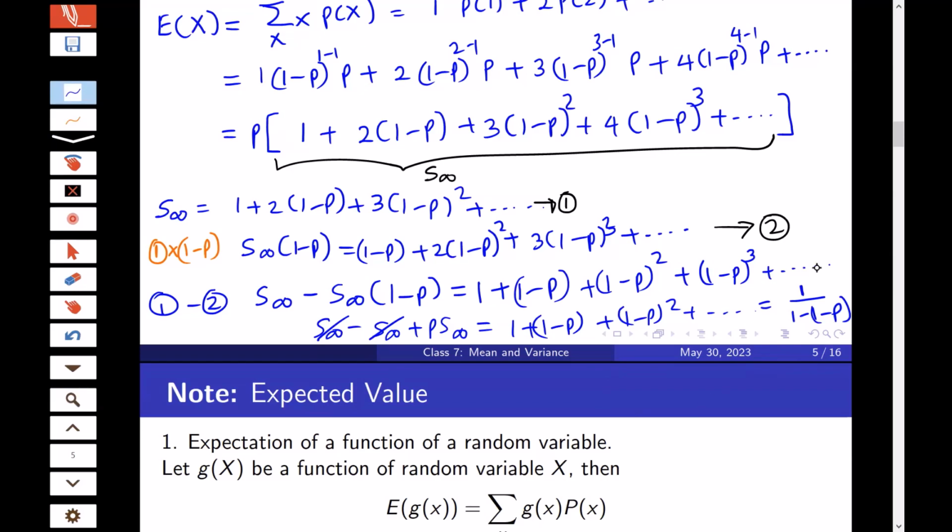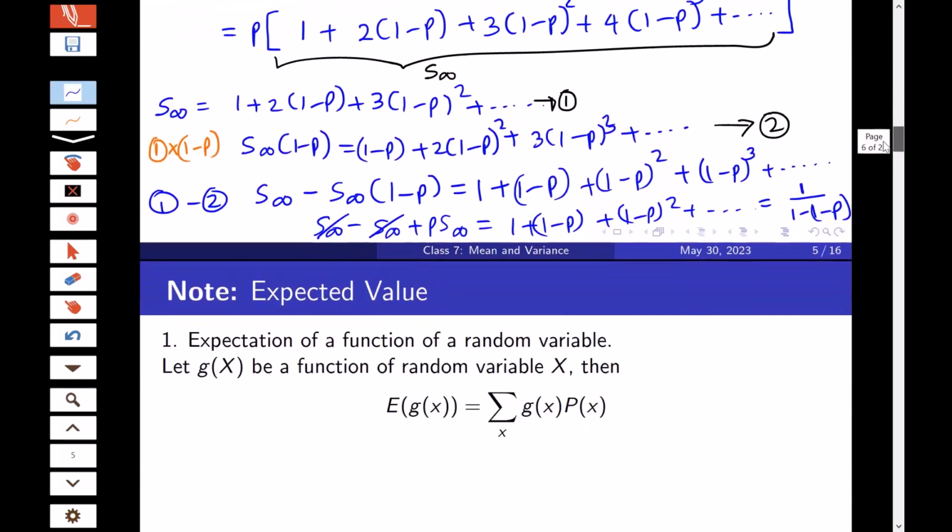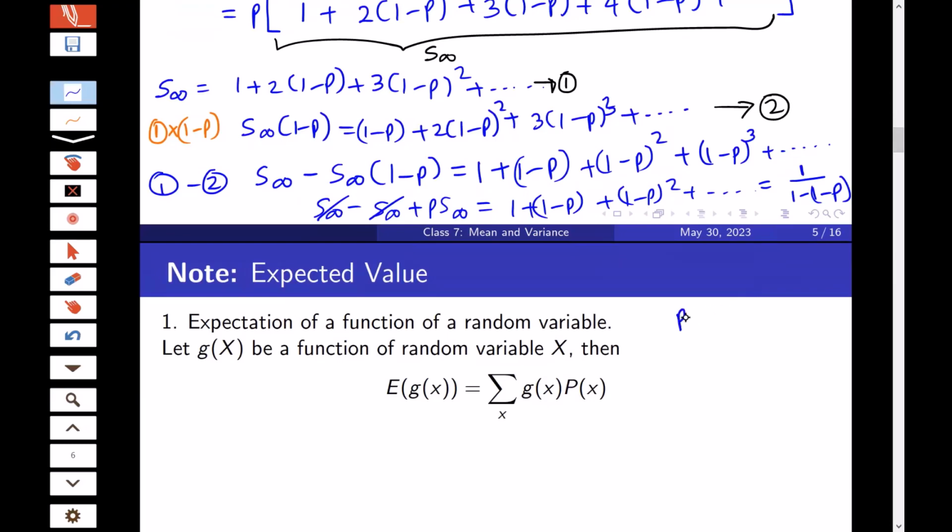Okay, so then I can show P S infinity is equal to 1 over P, because 1 minus 1 cancel and minus times P makes plus P. So P S infinity equals 1 over P. So then I can find this has 1 minus P square.